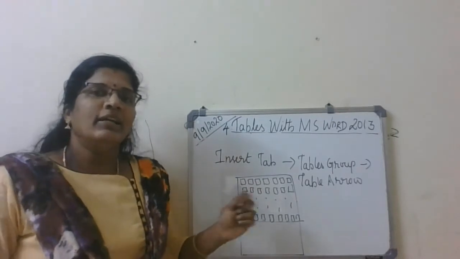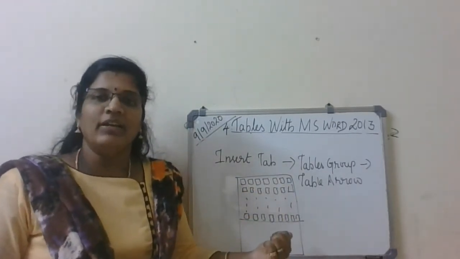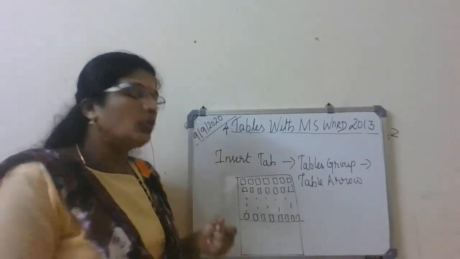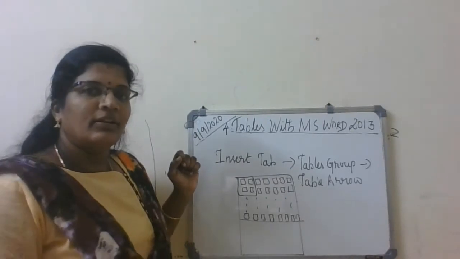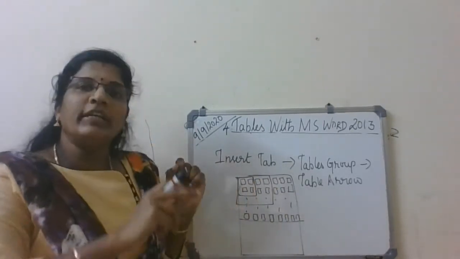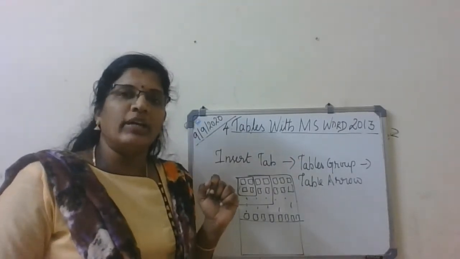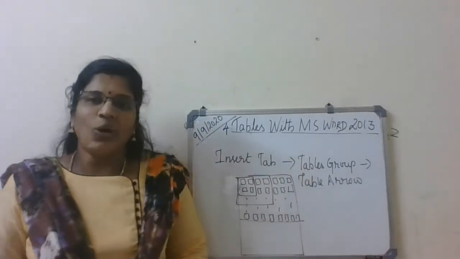From the grid, you can select the number of rows and columns as you need. If you need a table of 2 rows and 2 columns, you can select only these and create a table. If you need a bigger one, using a mouse, click and drag it. Just move the mouse and the number of rows and columns gets selected.